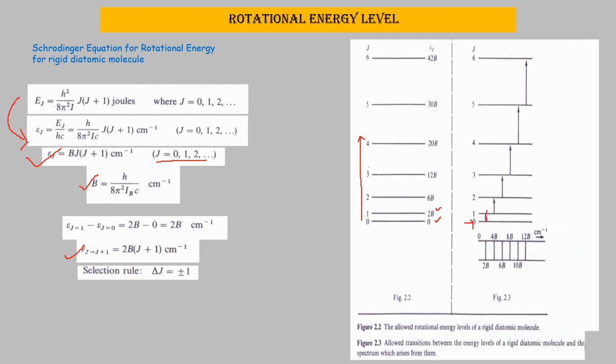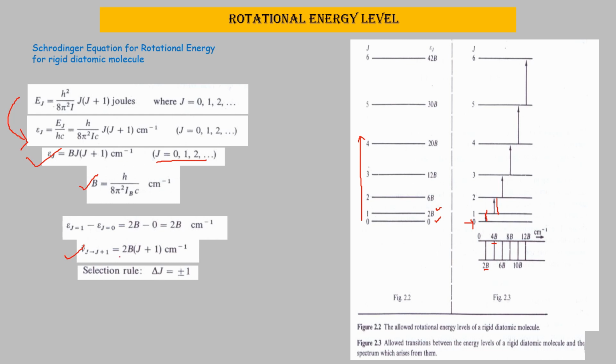Then to the next one, from J equals 1 to J equals 2, the amount of energy required is 4B. In general, to raise the molecule from J equals n to J equals n plus 1 state, we need nu bar, in wave number, which is 2B into J plus 1 centimeter inverse.